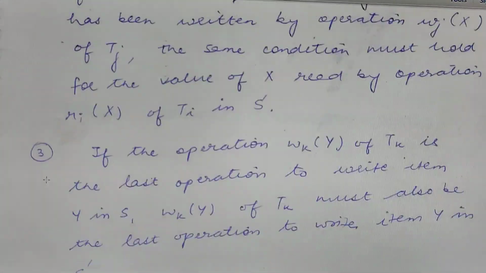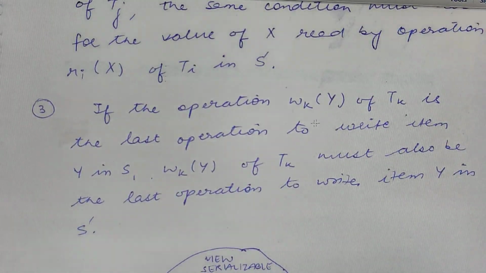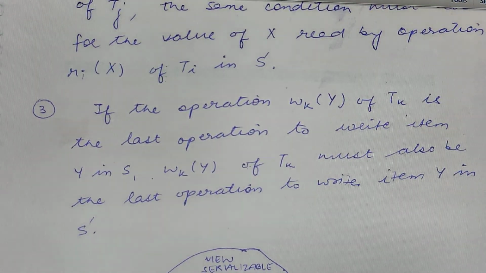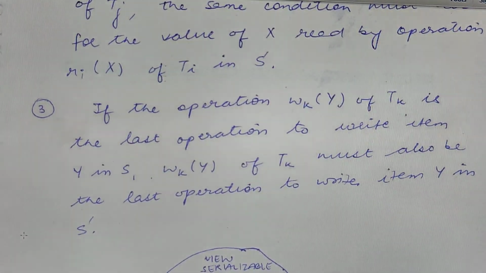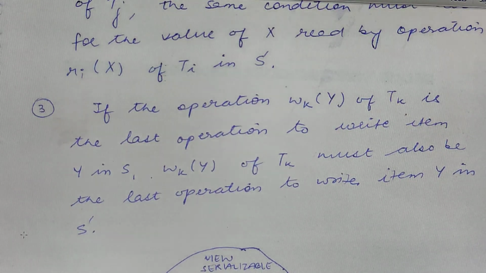Now the third condition is, if the operation Wk of Tk is the last operation to write item Y in S, then it should be the same in S dash. What it simply means is, every data item that is written last by any transaction in schedule S should be written last by the same transaction in another schedule S dash.